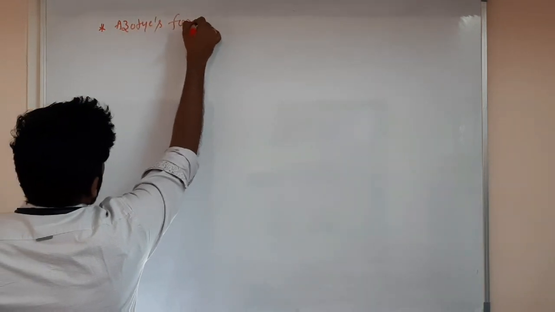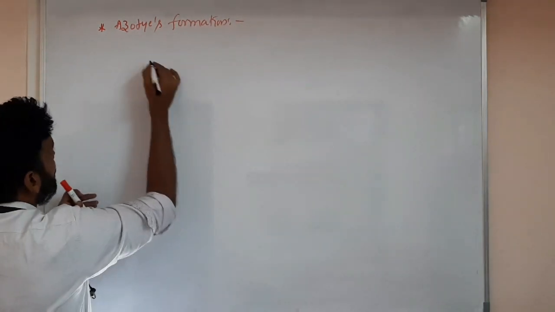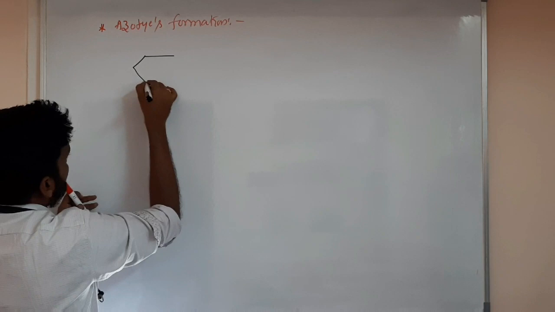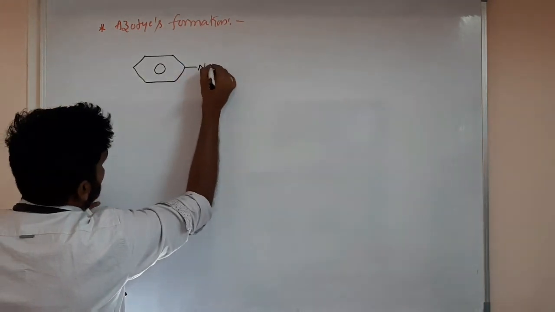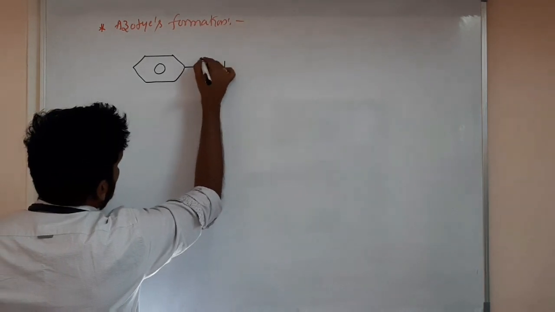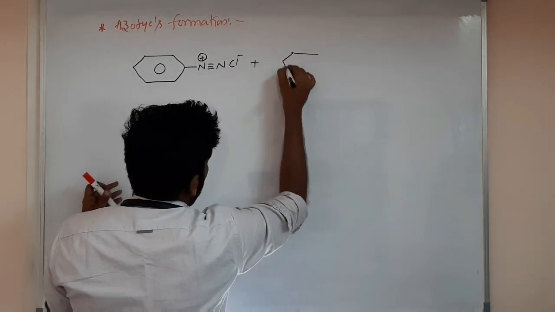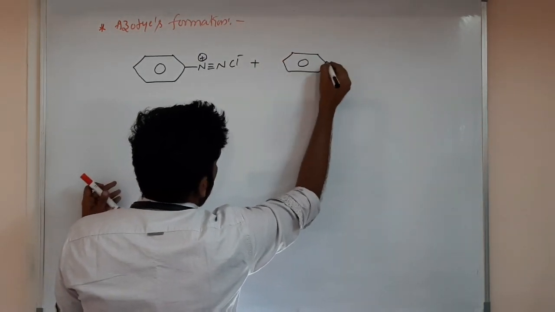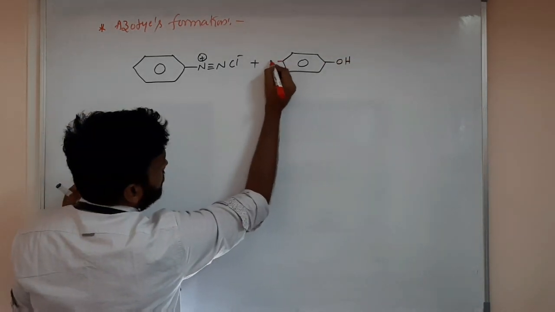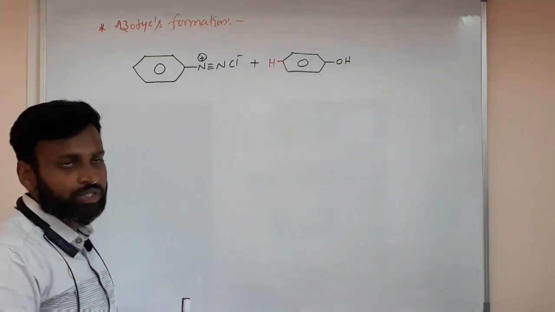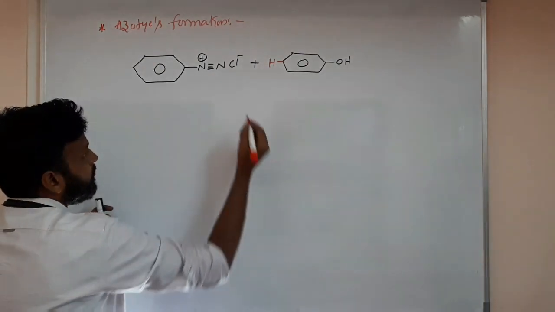Azo dyes formation. Let's see. So C6H5, here you have N triple bond N+ Cl-, plus suppose phenol, C6H5OH. In phenol, the para position hydrogen is more easily removed because it is symmetrical.